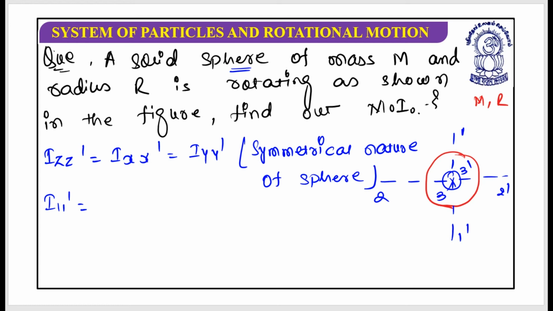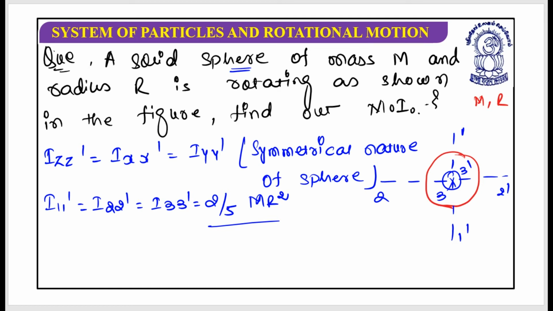We have drawn this in 2D, so it looks like it is not a diagonal, but assume this in 3D view. Then I11 dash, I22 dash or I33 dash, all will be 2 by 5 mr square. I hope this is clear. Is it clear? Are you sure?